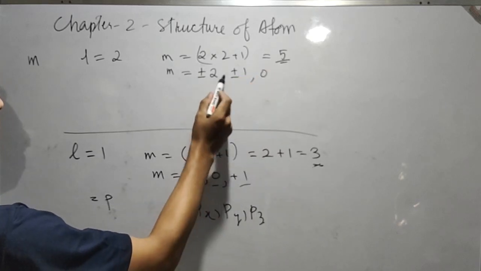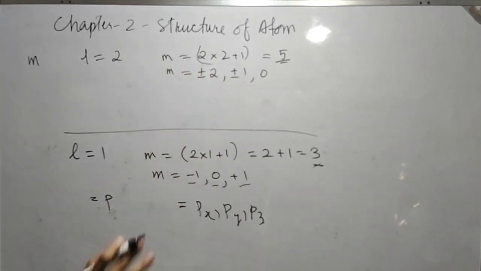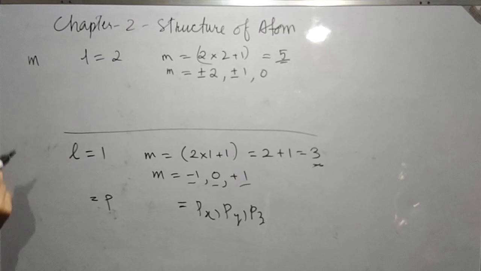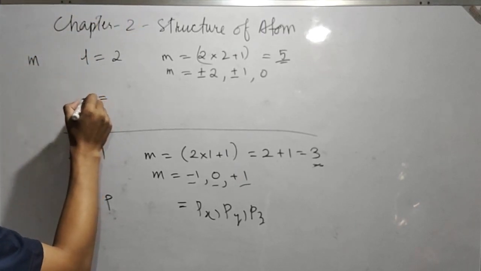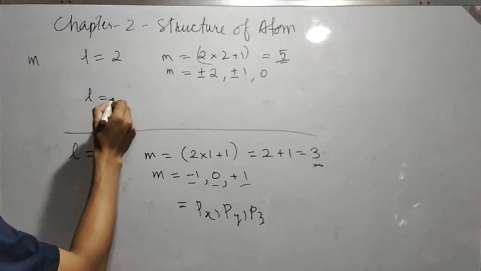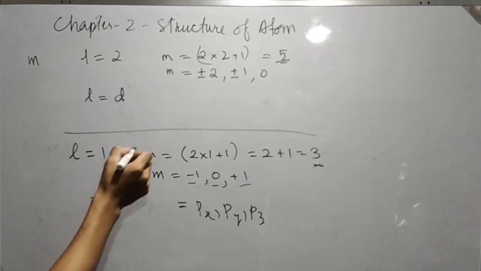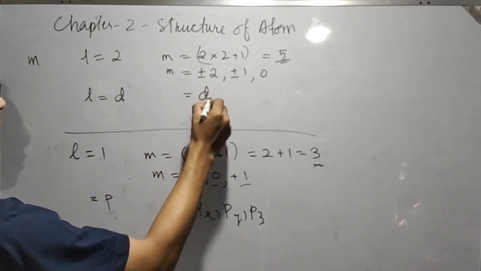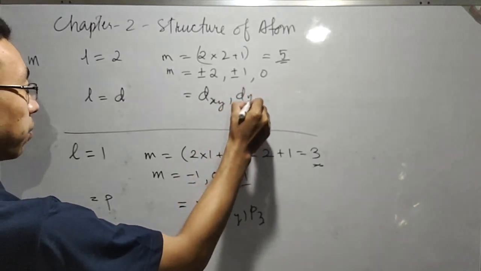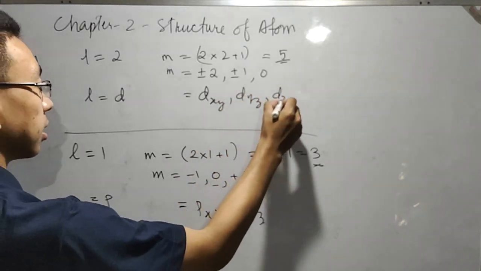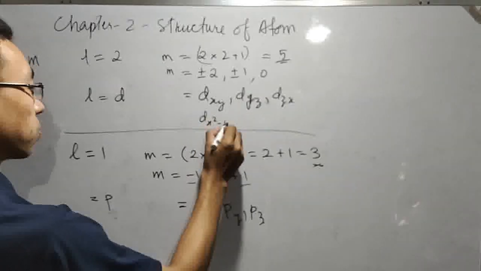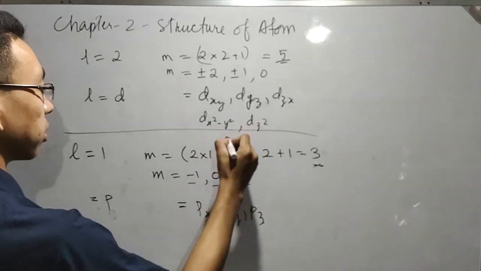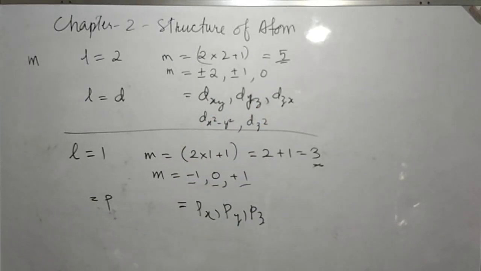So 1, 2, 3, 4, 5, isn't it? If L is equal to 2, we represent it by d. So the orientations are dxy, dyz, dzx, dx square minus y square and dz square. So these are the 5 orientations.